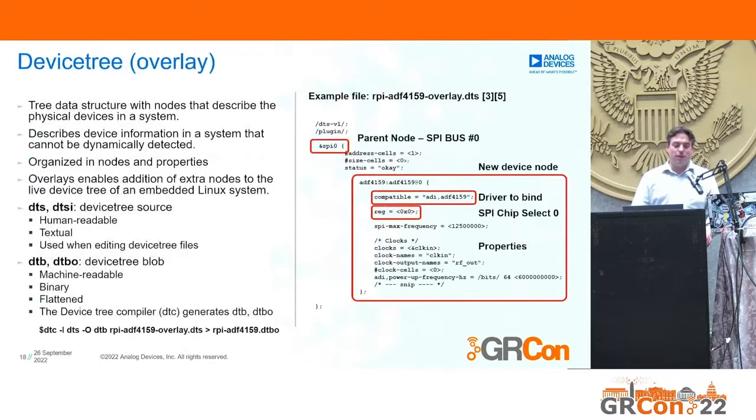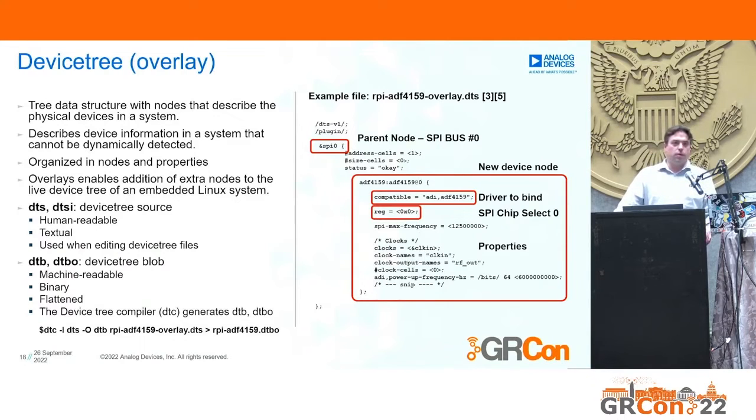So what is a device tree and what is an overlay? At the end of the day, writing device trees is more or less the only thing you have to do with this distribution if you want to enable certain devices to be present in your system. A device tree is a tree data structure with nodes that describes physical devices in the system. It's typically used to describe device information that cannot be auto-probed.